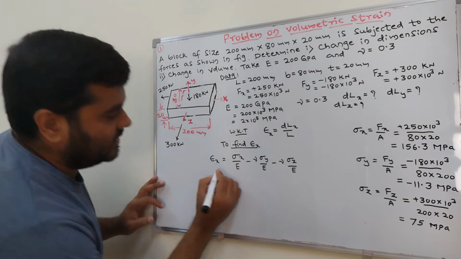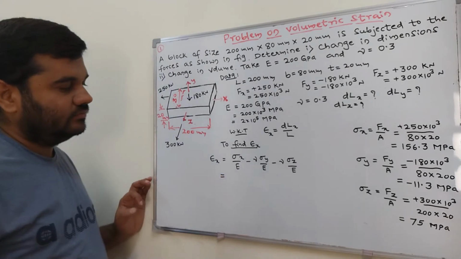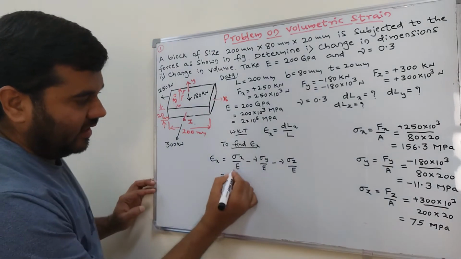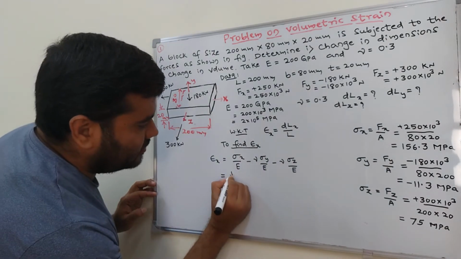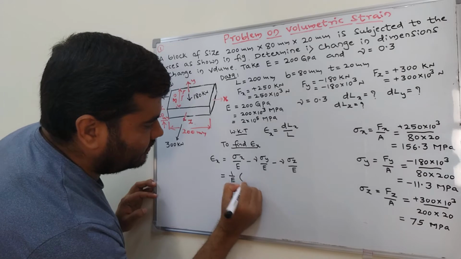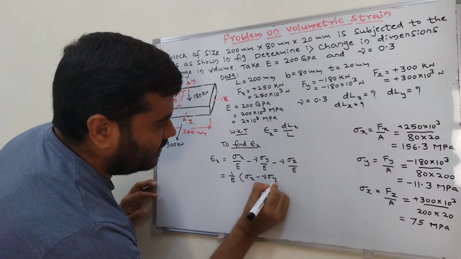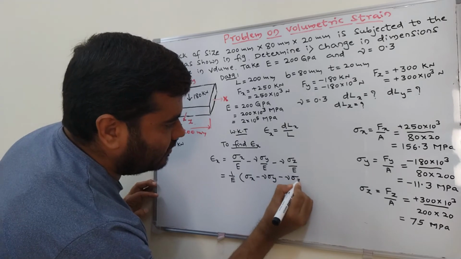Okay. Now I will substitute. Stress in x direction is 156.3. I will take E as common, that is 1 by E, sigma x minus nu into sigma y minus nu into sigma z.